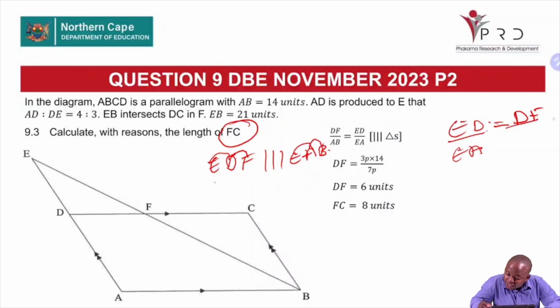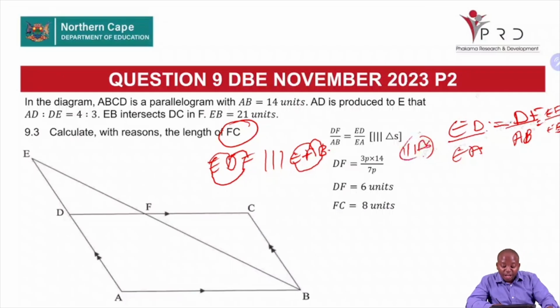You see the shape must be the same. It's equal to EF over EB. Where does this come from? This comes from the similar triangles. So that is the statement that we've used there.